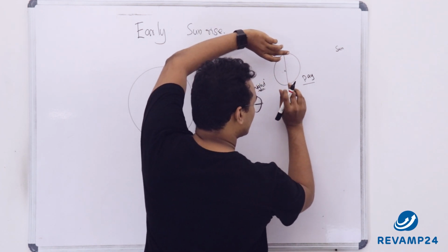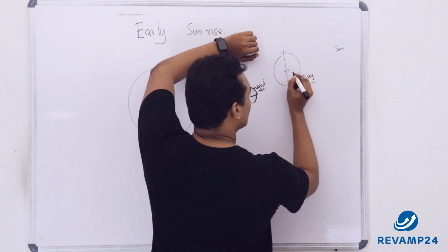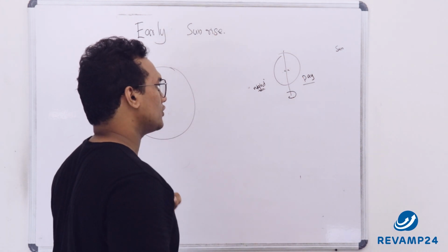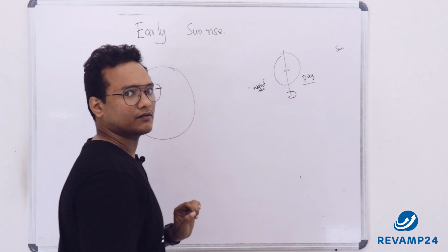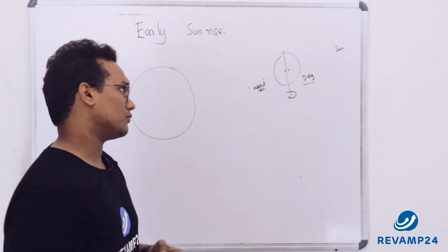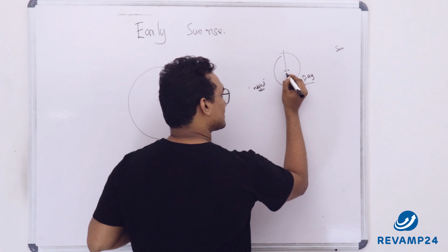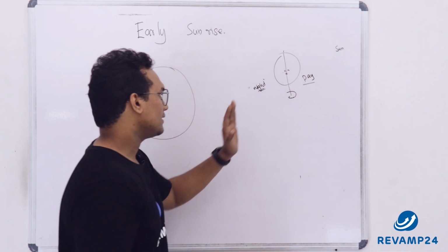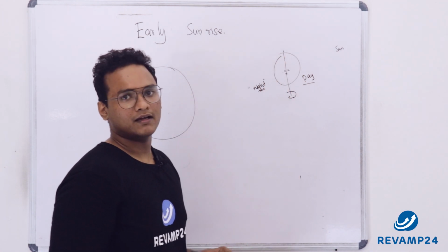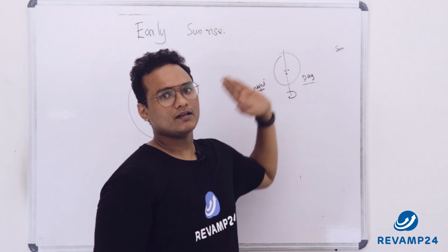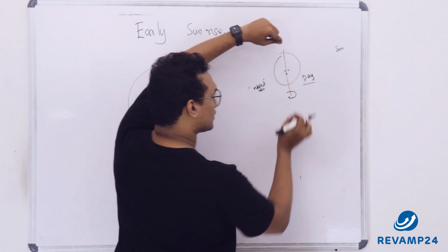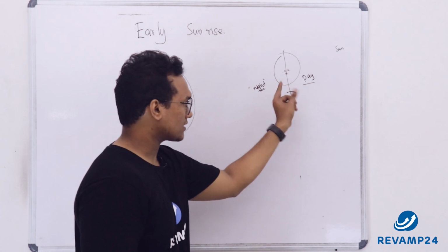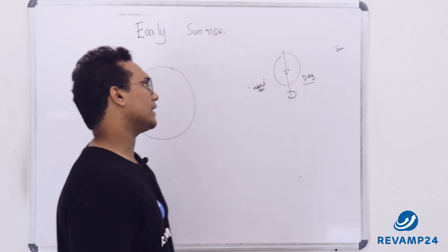After a few rotations, this point will come to a point where we have daytime. So when this point reaches exactly this position, in between night and day, I could say that it is having sunrise. From night time it is entering daytime.